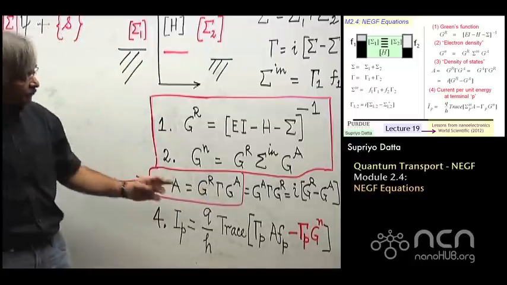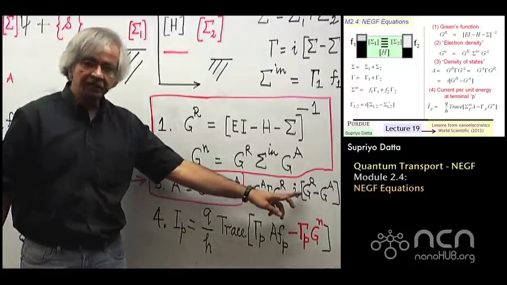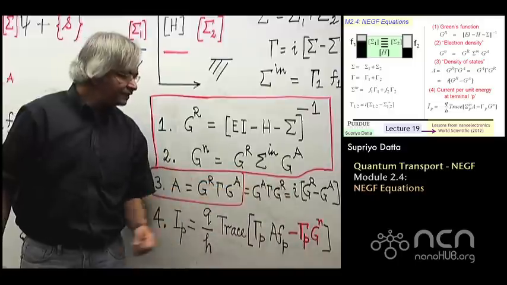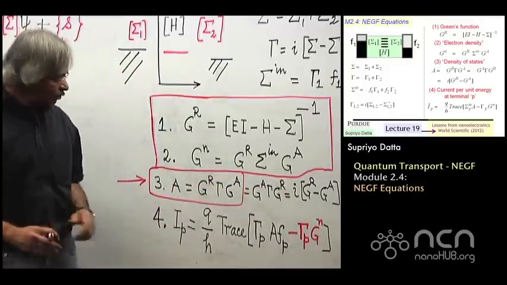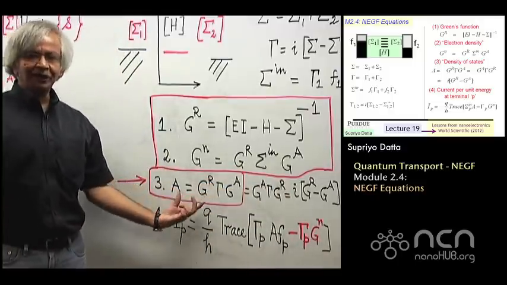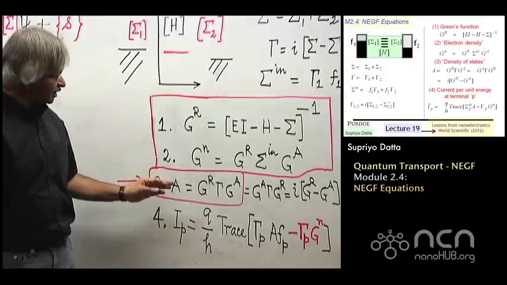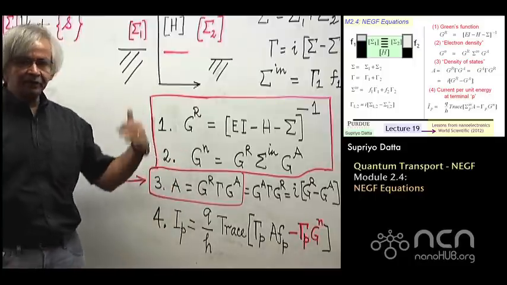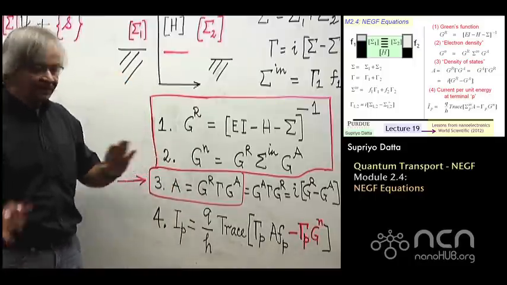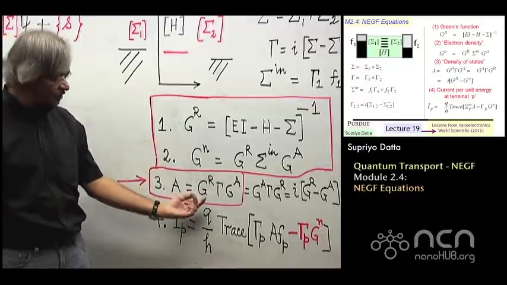Now you'll see I have two other expressions here, and that needs a little bit of algebra. In other words, to get this one, I used a physical argument, namely that density of states is just the Gn when all the Fermi functions are 1. That's a physical argument. That's what got us here.